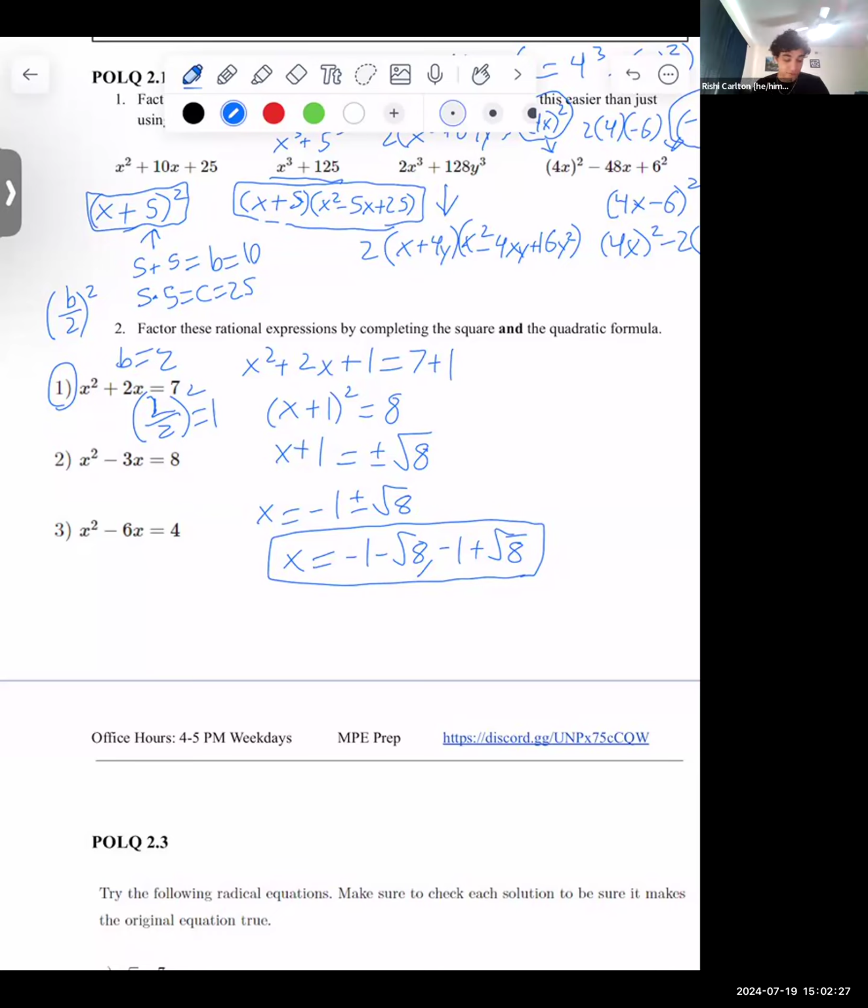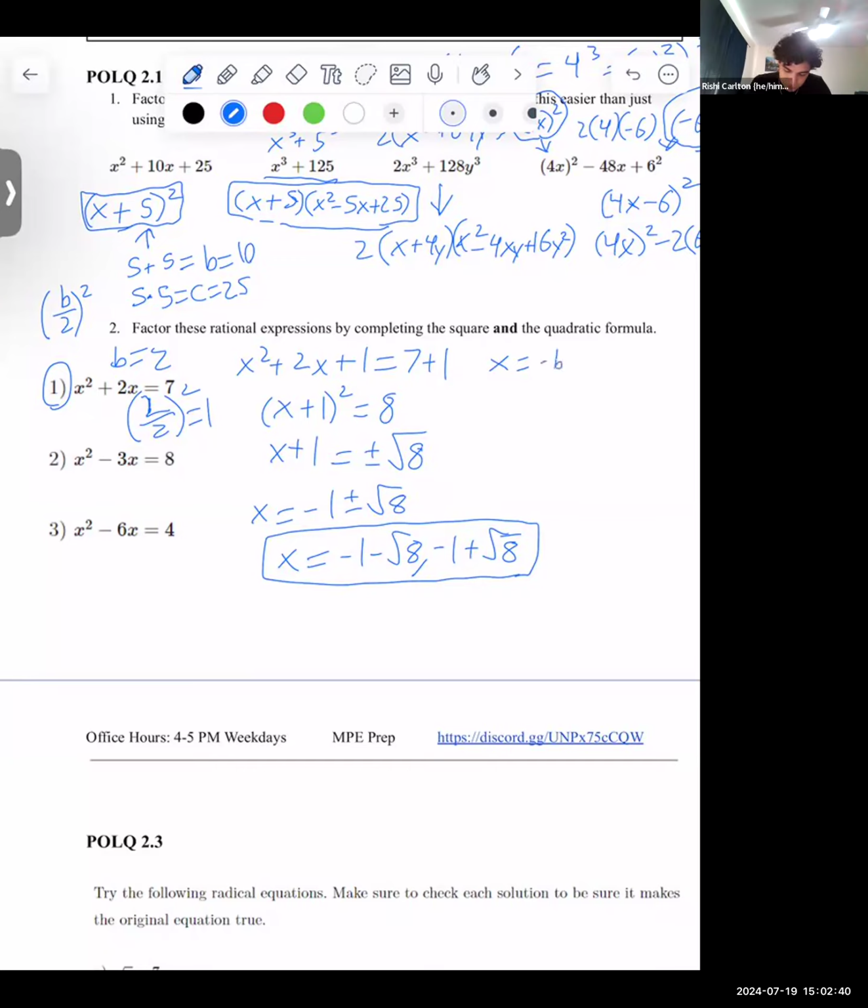Next, we're going to use the quadratic formula for the exact same problem. I told you guys I could do it from memory. Hopefully you guys can too. x equals -b plus or minus the square root of b squared minus 4ac, all over 2a.